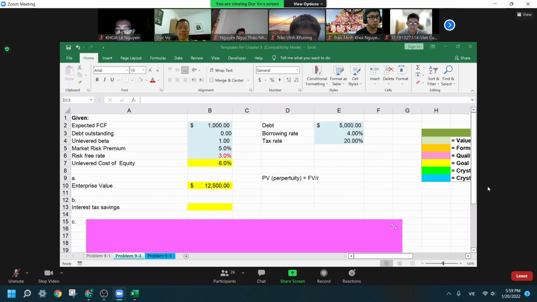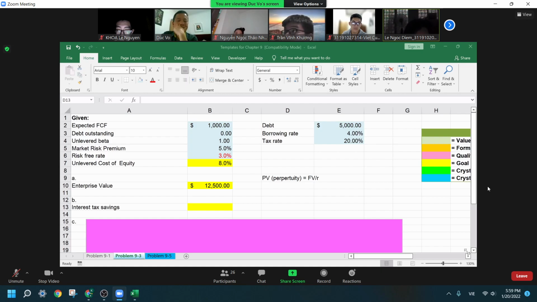What do we mean when we say interest tax saving?